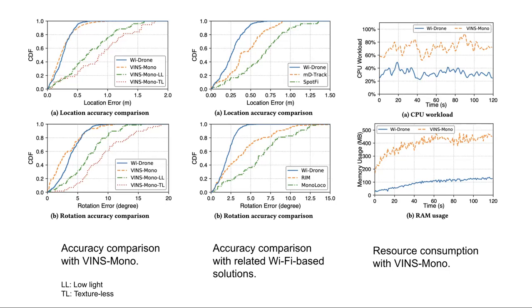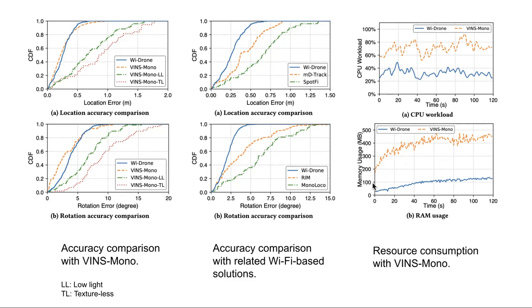For CPU workload over 2 minutes, WiDrone averages around 30% and VINS-Mono is around 70%, which makes sense because WiDrone is based on Wi-Fi signals, where the amount of information is much smaller than vision. So the reduction is around a half.